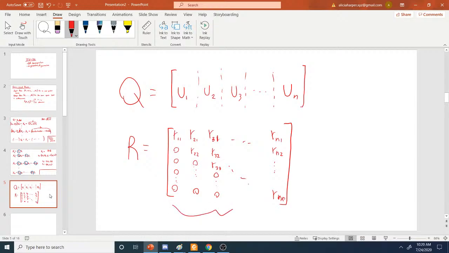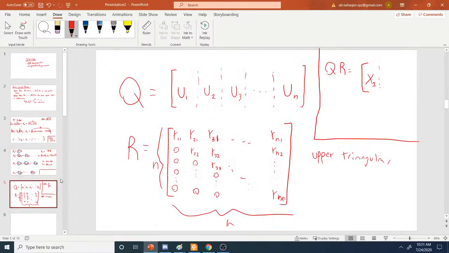The third column is going to be R31. Actually, did I mess this up slightly? I think I did. Oh, no, actually I didn't. It's all good. R31 times u1 plus R32 times u2 plus R33 times u3.